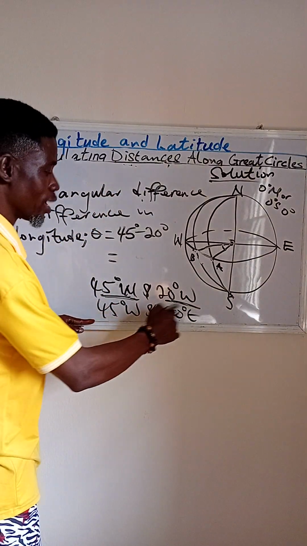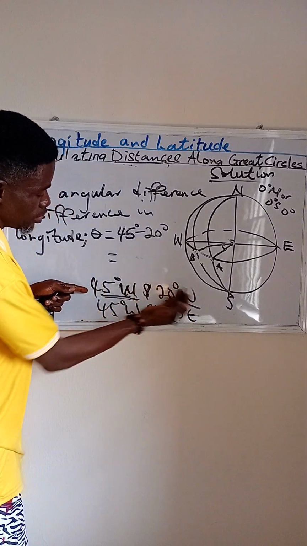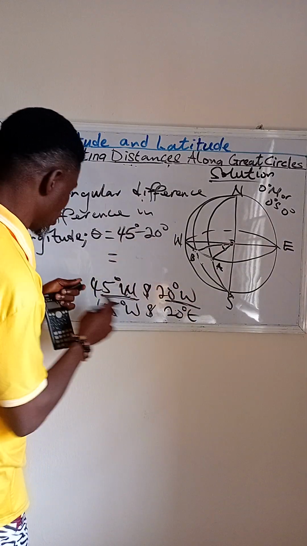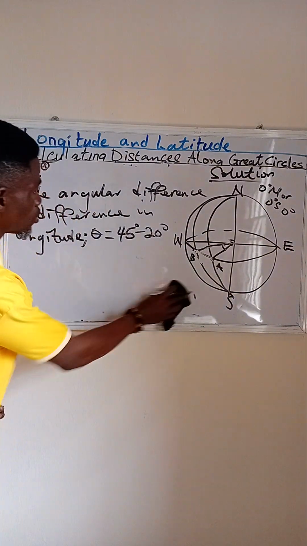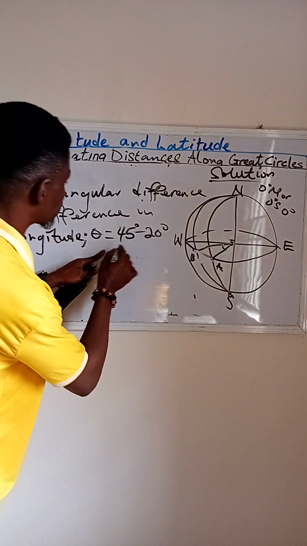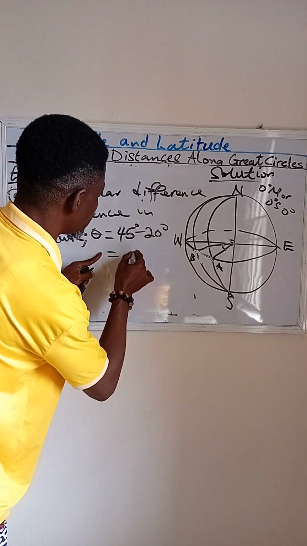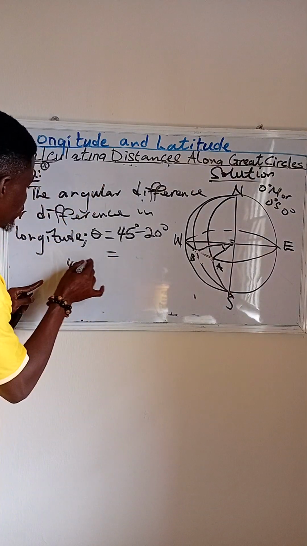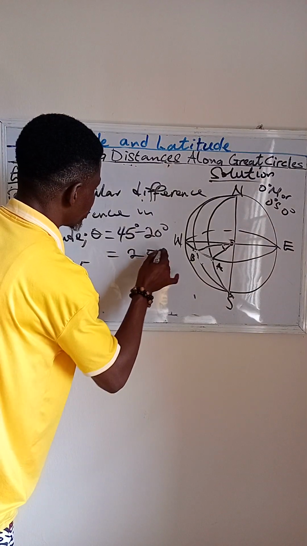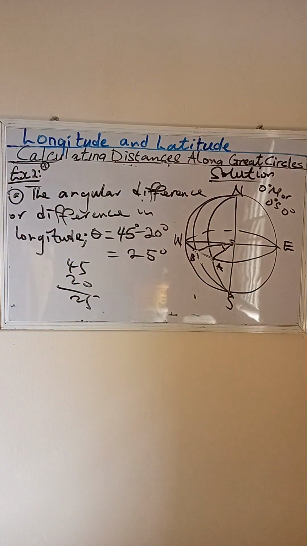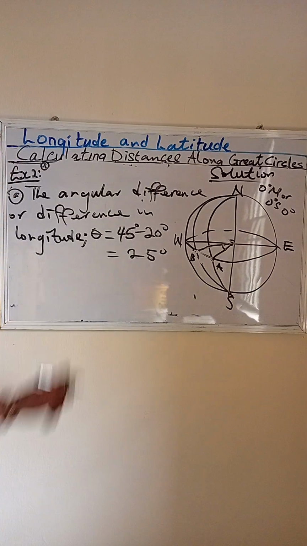In that case, you add them. But when they are on the same direction, you minus them. Now, let's minus: 45 minus 20 gives you 25 as the angular difference, or difference in longitude.